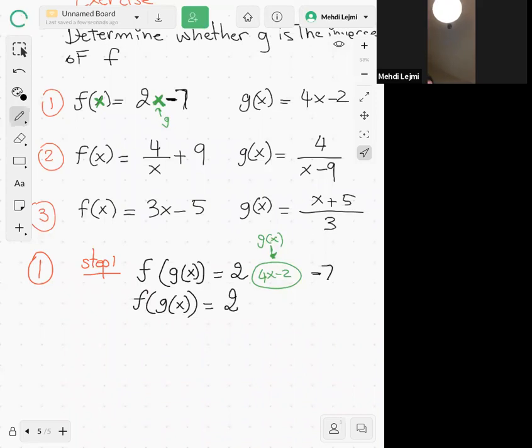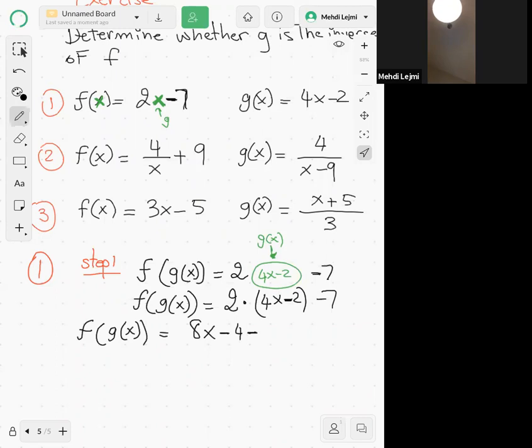So it's 2 times parentheses, 4x minus 2, minus 7. So that will be equal to, f of g of x, 2 times 4x, that's 8x. 2 times 2, there's a minus sign here, so that's minus 4.